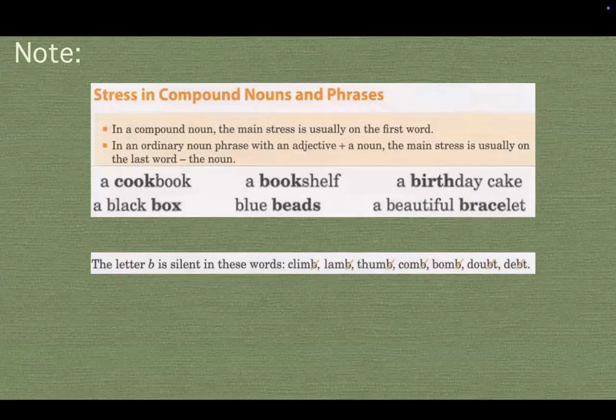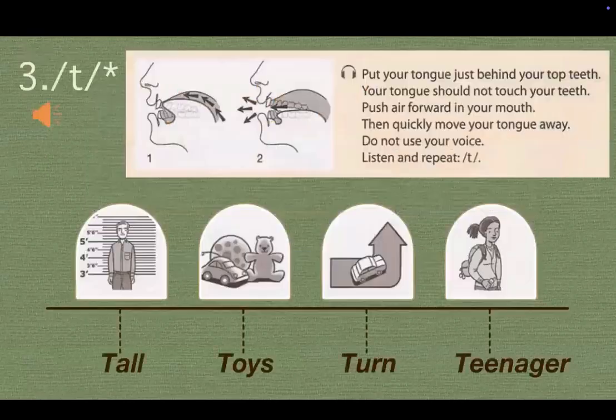The word brace is stressed. Besides, the letter B is silent in these words: climb, lamb, thumb, comb, bomb, debt. Okay, so we are already done with the voiceless consonant sound P and the voiced consonant sound B.